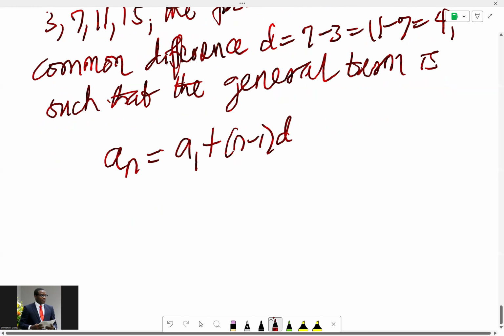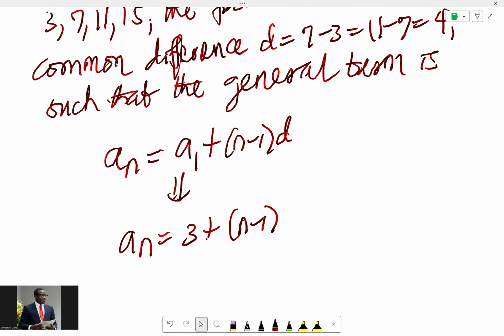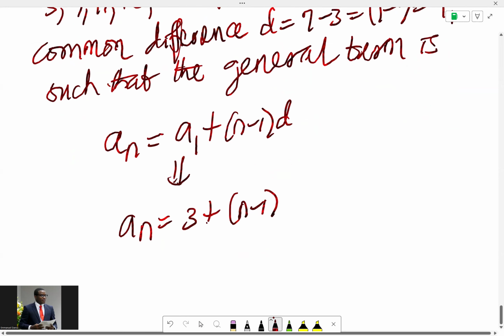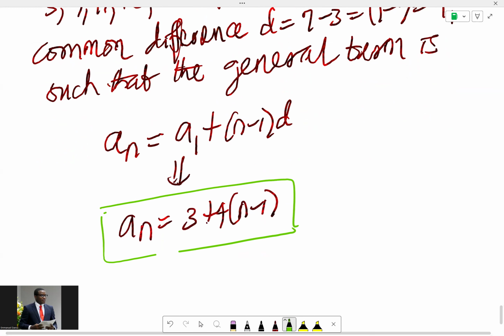So for this one, a_n equals first term 3 plus n minus 1 times the common difference d, which is 4. So this is the general term for that particular one.